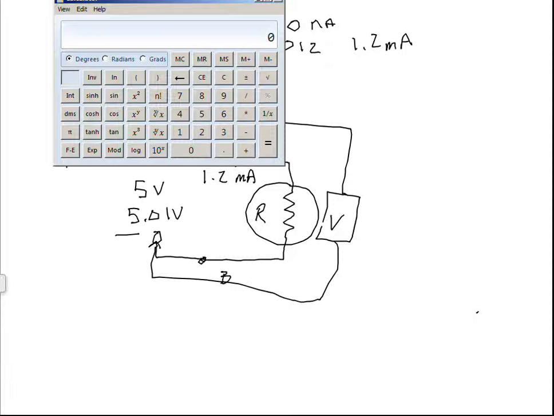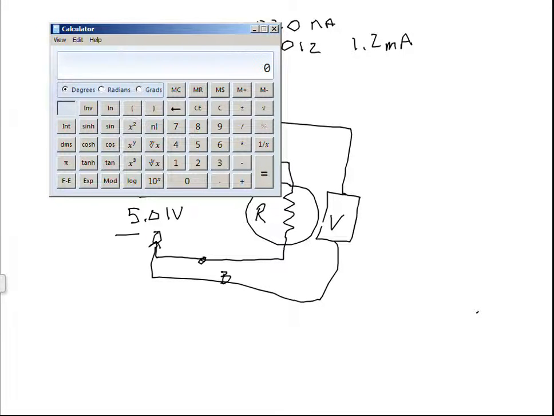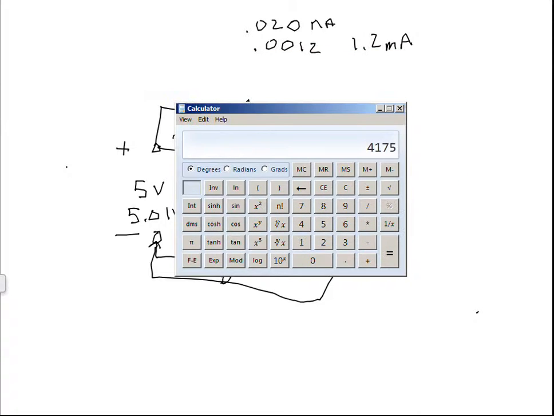Well, the actual resistance for this whole circuit, I'll bring my calculator down where we can see it, is 5.01 volts divided by 0.0012, that's 1.2 milliamps, equals 4.175 kiloohms.